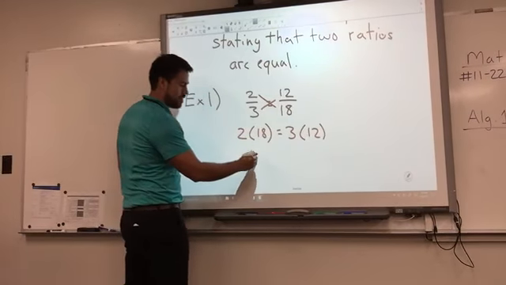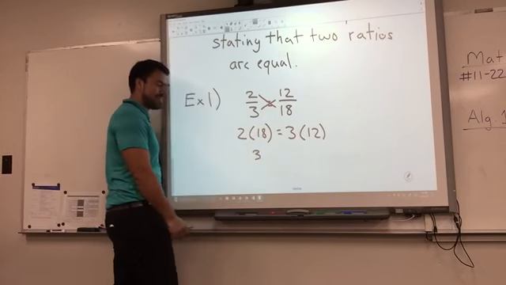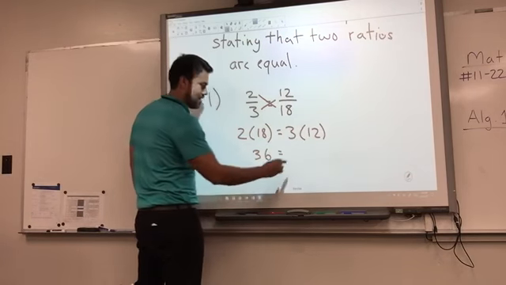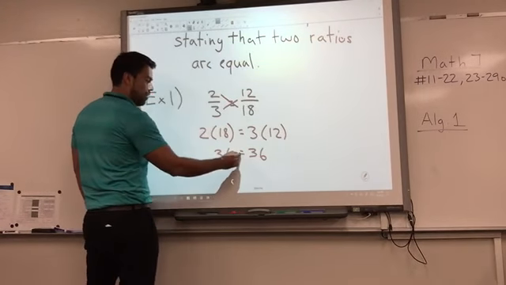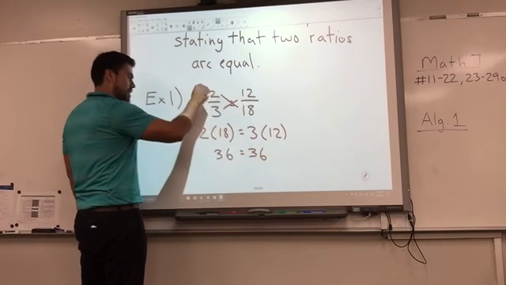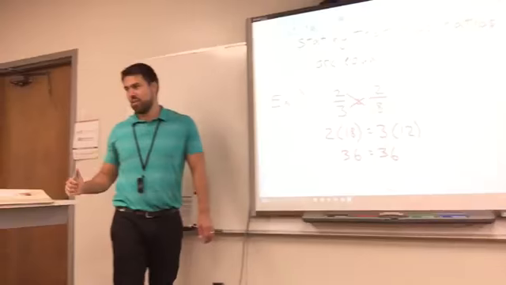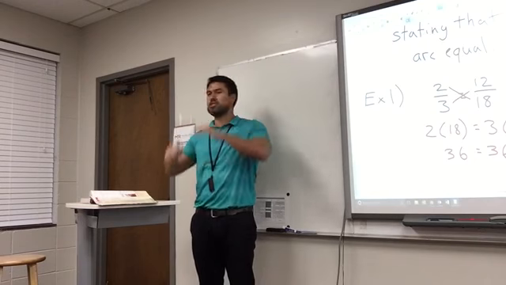Carson? Sorry, 2 times 18? 2 times 18, 36. What's 3 times 12? 36. Are these two equal? So, is 2/3 and 12/18 equal? Yes. Do those two ratios form a true proportion?